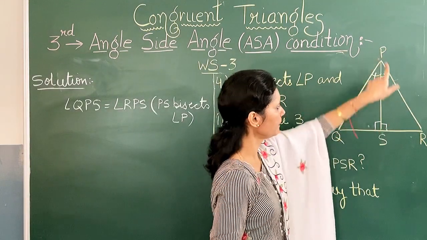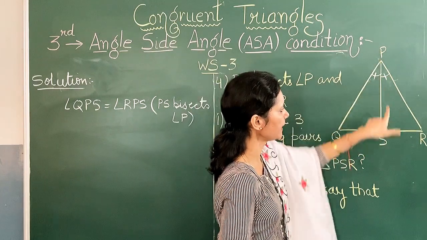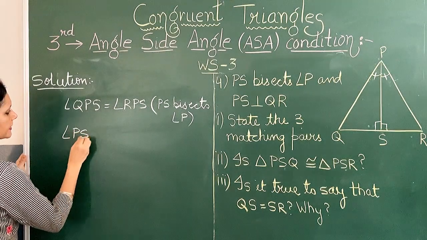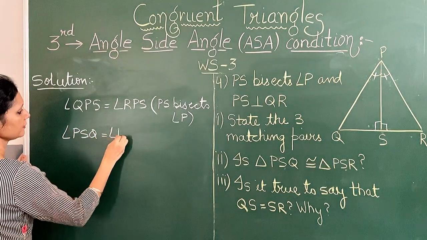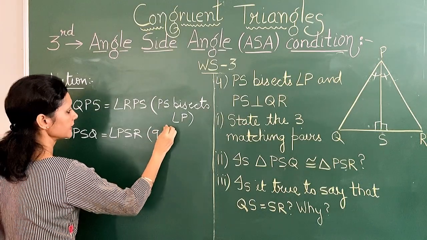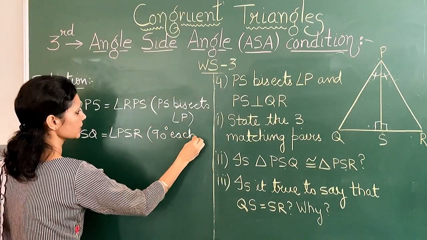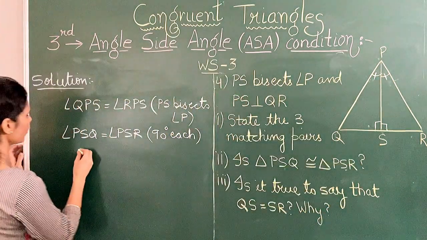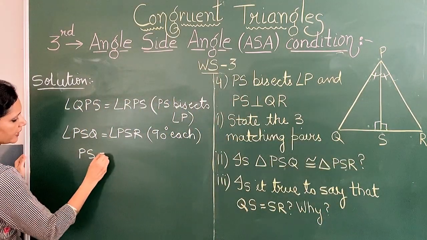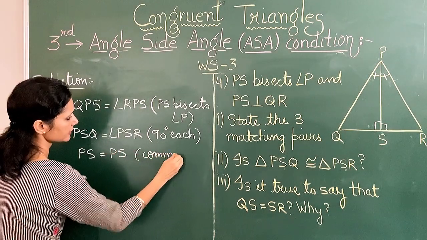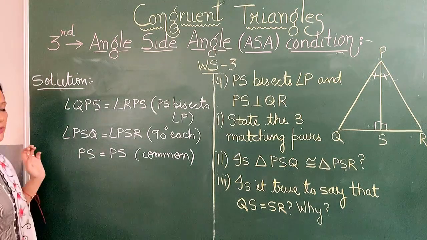So its name would be PSQ is equal to PSR. Angle PSQ is equal to angle PSR. The reason is both are 90 degree each. And then the common side PS is common to both the triangles. So we would say PS is equal to PS. Reason is this is the common side to both the triangles.